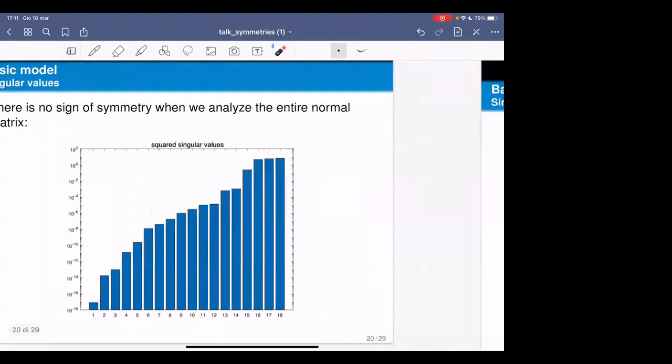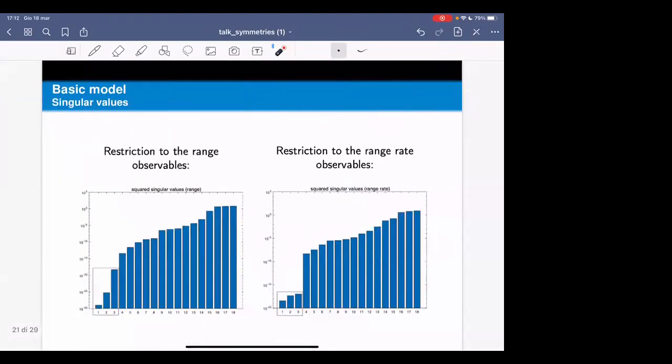And this is something very odd and still puzzling, because actually, if we divide the observables in 2 pieces and build 2 different normal matrices, one with only range observables and another one with range rate observables, then in that case, we find the 3 small eigenvalues. Here they are. These are the eigenvalues of the normal matrix considering only range observables, and these are clearly 3 smaller than the other eigenvalues.